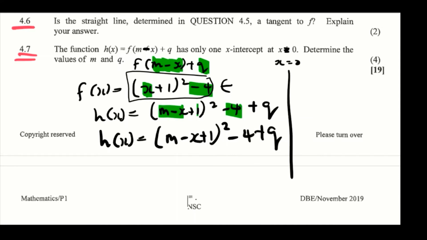To find the value of q, you can say minus 4 plus q is equal to 0, whereby q is equal to 4. That is the solution for this one.